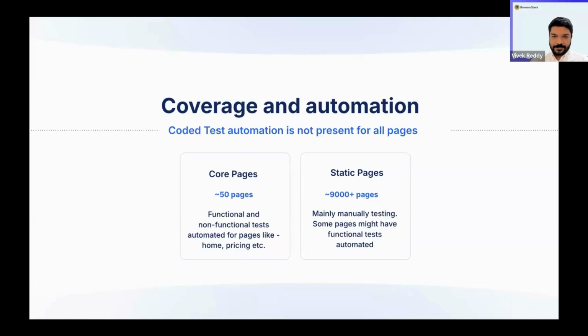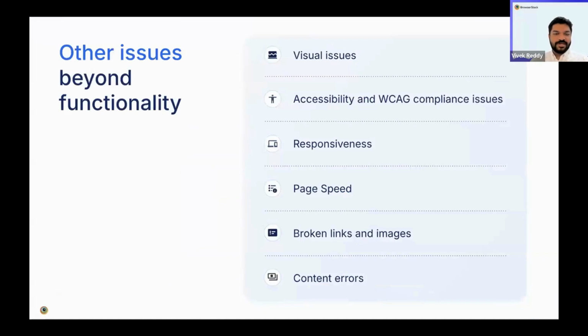Got it. And maybe shed some light: what are these issues that you're talking about? Beyond functional tests, what else should I care about, or what else have you seen people care about for their websites? Right. Beyond functional, website QA is very important, and it directly impacts your brand perception.